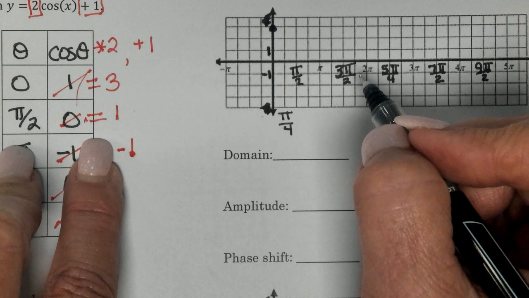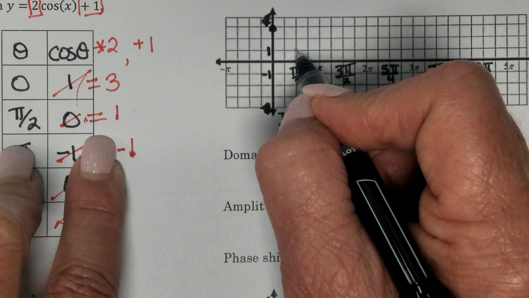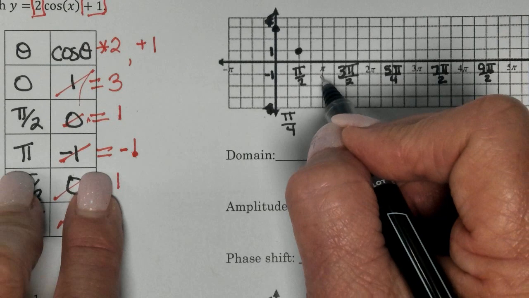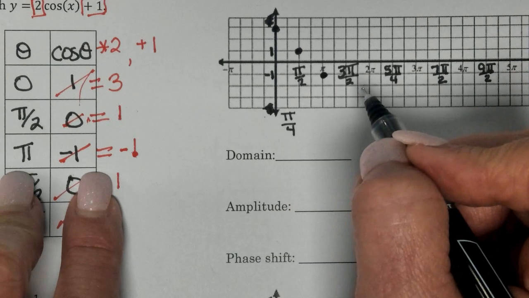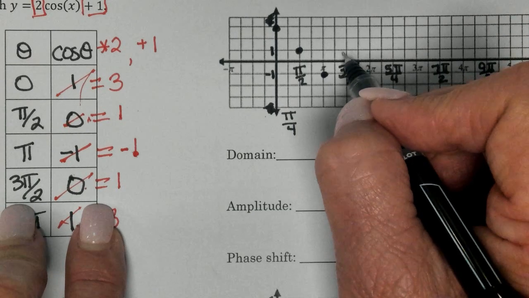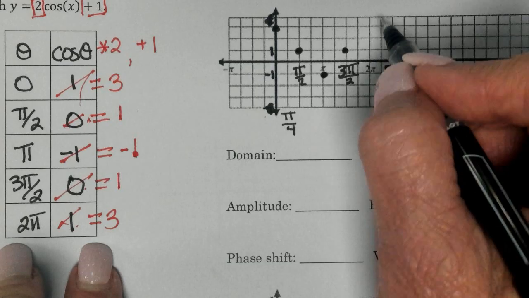Then we've got pi over 2, 1. Then pi, negative 1. 3 pi over 2, positive 1. 2 pi up to 3.